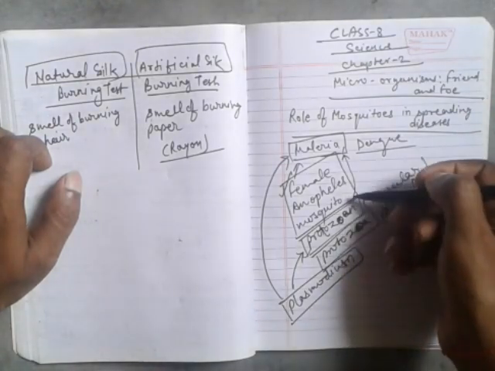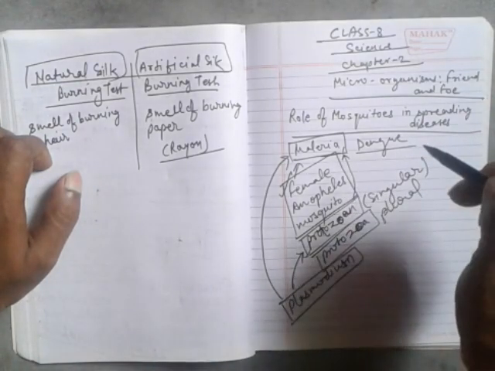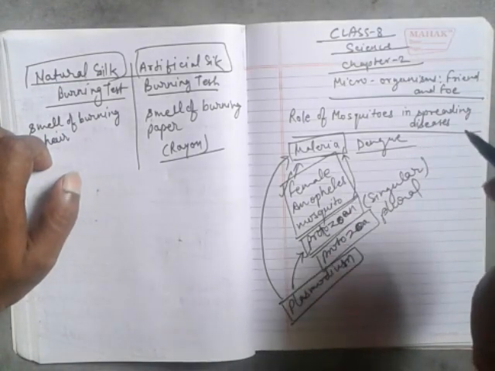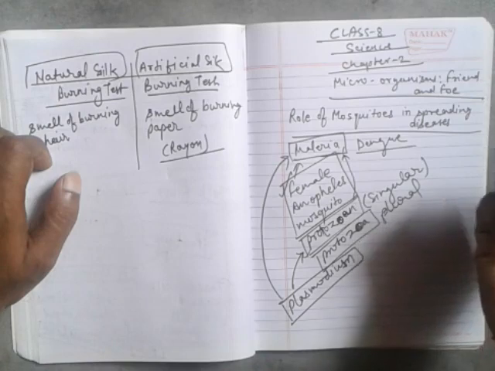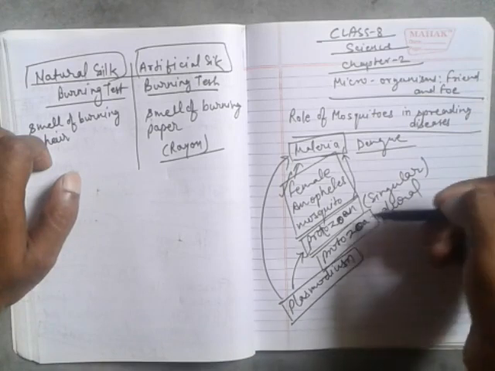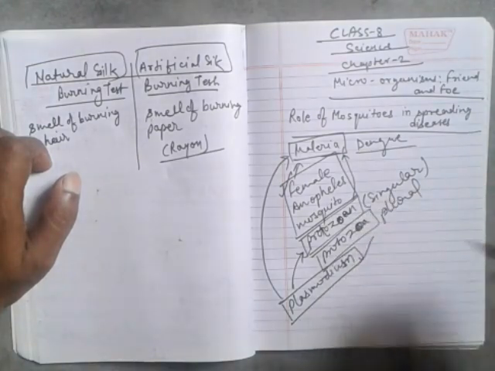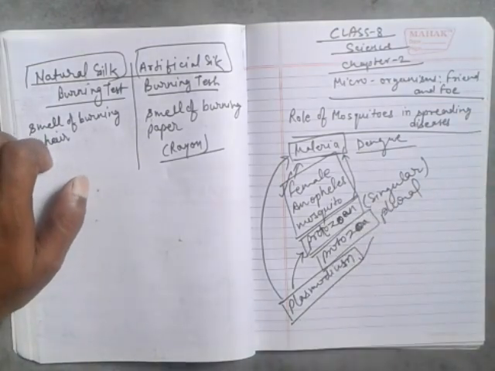Only the female Anopheles can spread malaria, and the microorganism involved is a protozoan named Plasmodium.